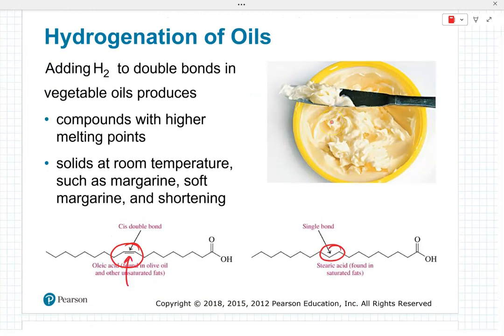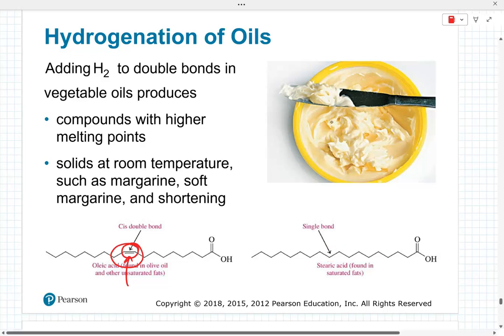When you add hydrogen, almost literally bubble hydrogen through vegetable oil or canola oil or whatever cheap oil that you can get from plants, like corn oil, you saturate the double bond and form a single bond instead. So you're turning liquid, cheap plant fats into solid fats. Right?